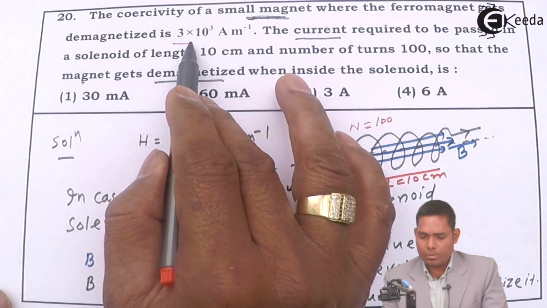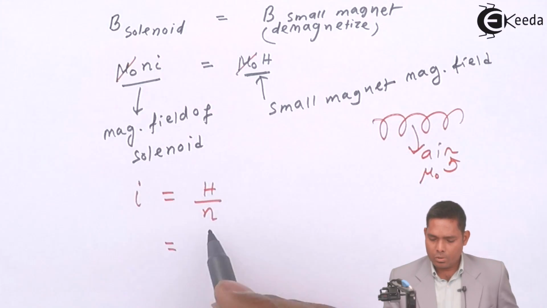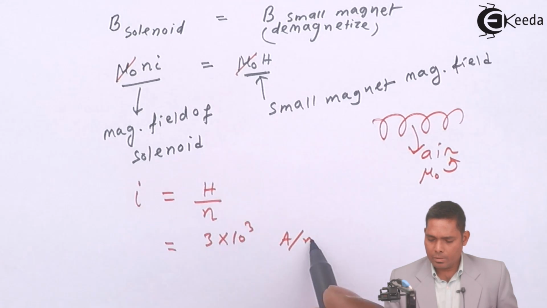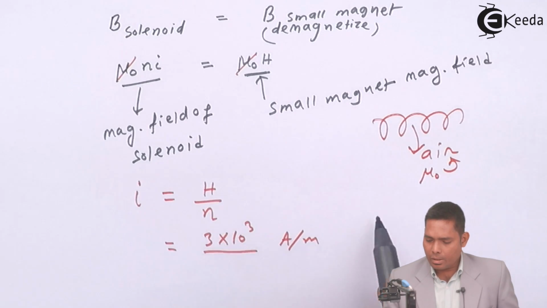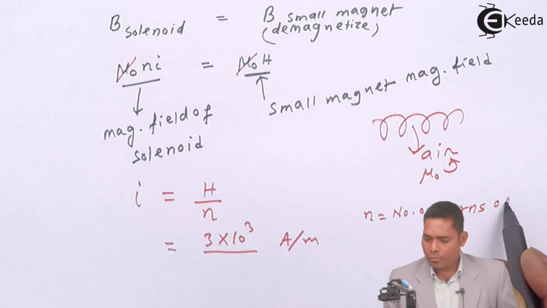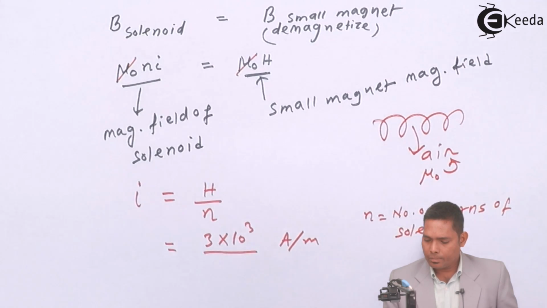This is your H value, 3 into 10⁻³. So it is 3 into 10⁻³ amps per meter divided by n. Here n is the number of turns of solenoid divided by the length of solenoid.